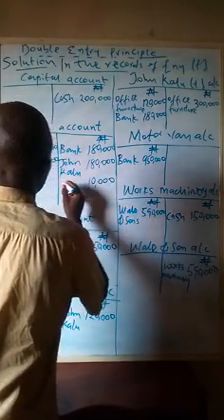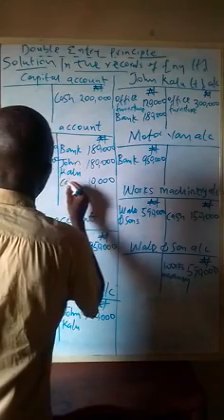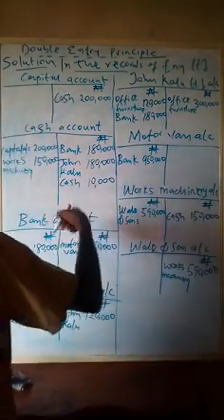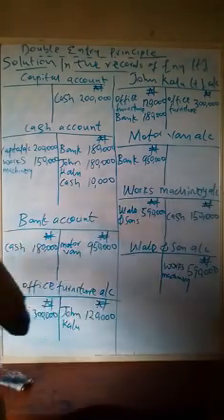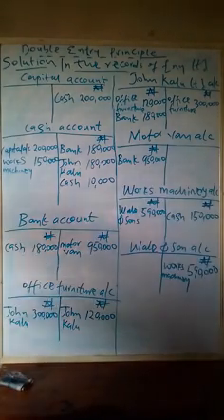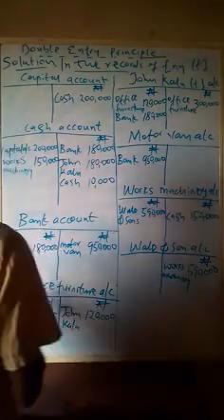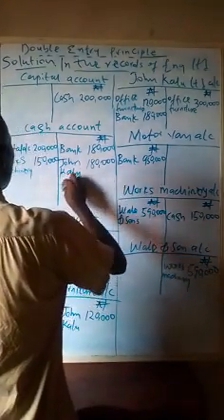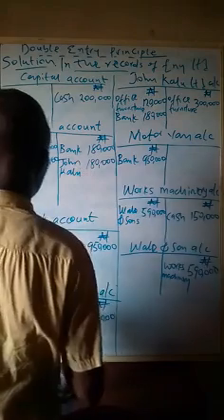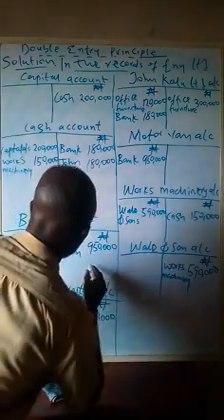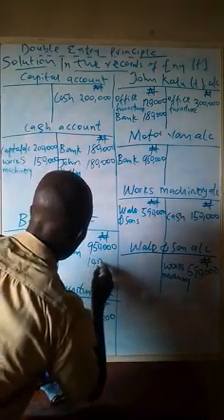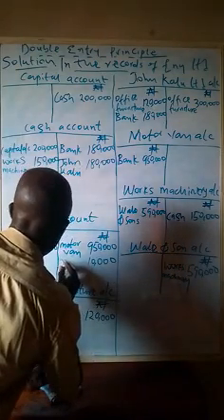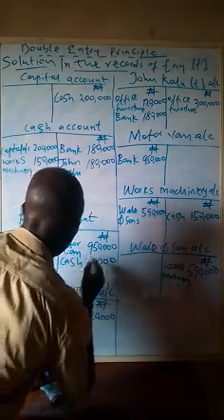Cash is receiving, so we go to the cash account. Out of the bank, bank is giving out 10,000 naira. Cash is receiving, bank is giving out.